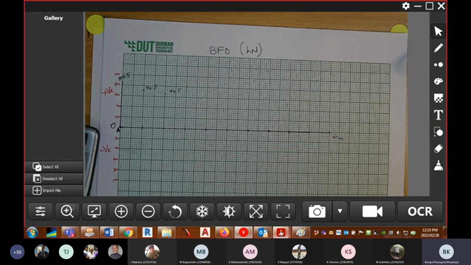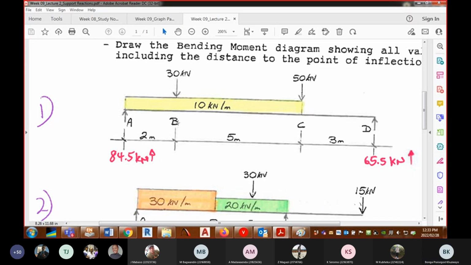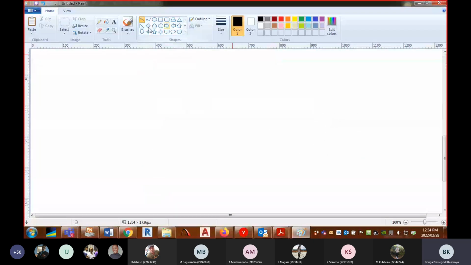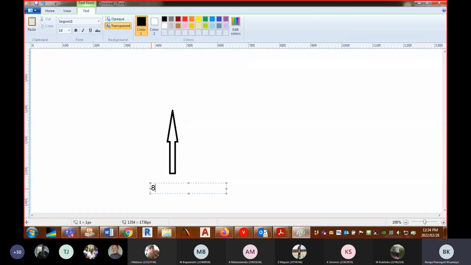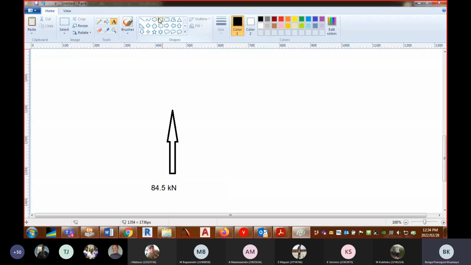Now, where is the question? At node B, you go just to the left of node B. The free body diagram you have now looks like this. You've got the support reaction of 84.5 kilonewton, then we have this segment.